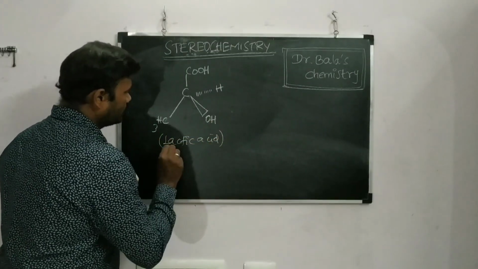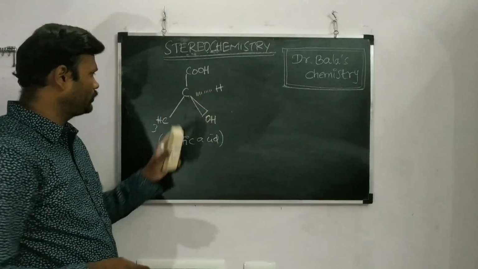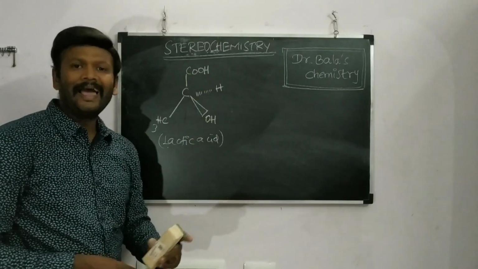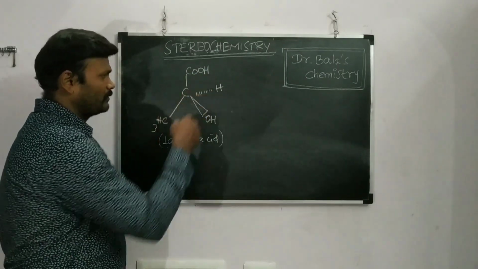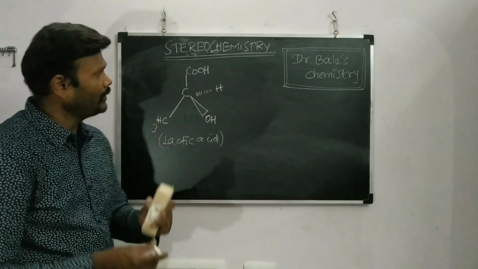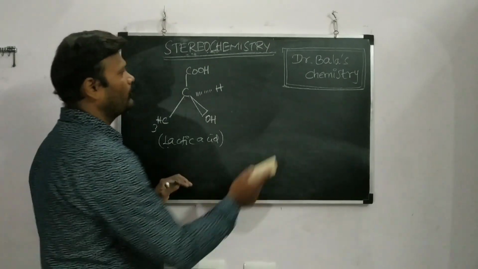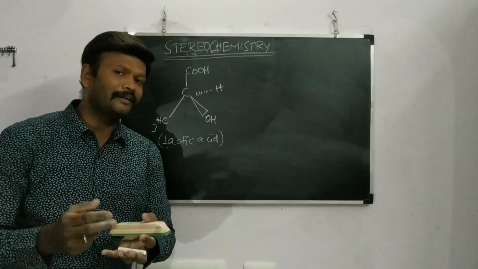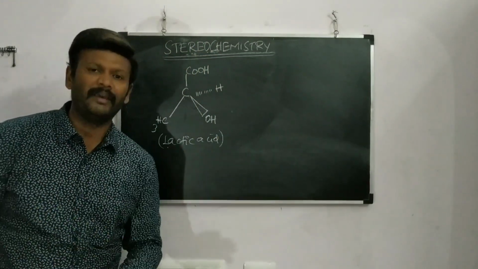Or otherwise, we can name it 1, 2, 3, 2-hydroxypropanoic acid. 2-hydroxypropanoic acid, we can say that is lactic acid. Right. So what did I say? If a molecule is said to possess a chiral center, we also consider it as non-superimposable mirror images.